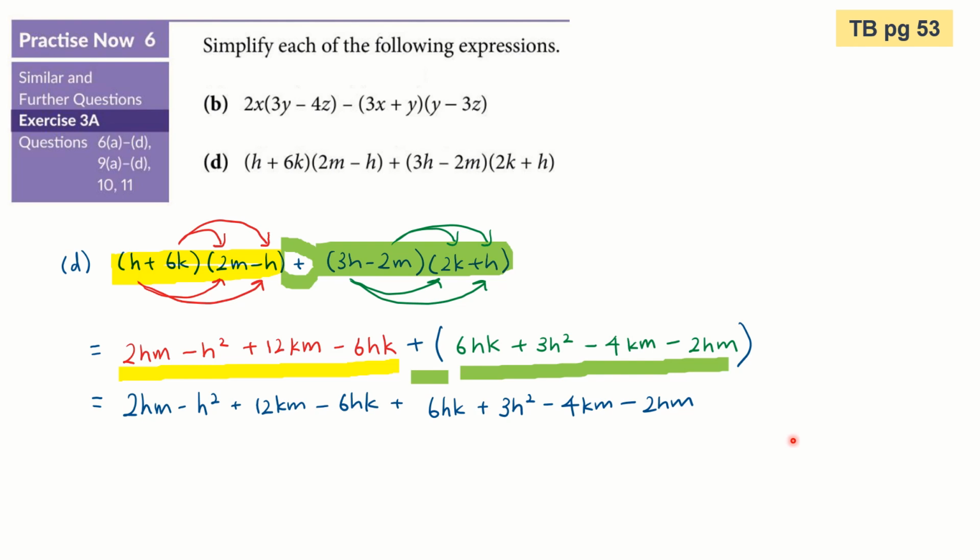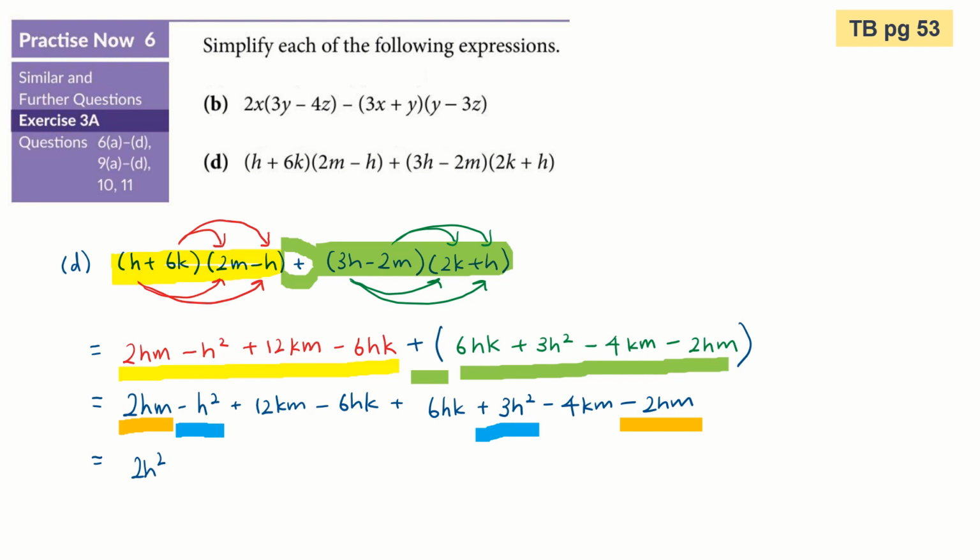Then we go about simplifying our answer, and we notice that there are actually like terms. Let me grab a color. We see that we have 2hm over here, and we actually have a minus 2hm. So there is no more, in fact it is 0 hm's left. Then we also have a minus h squared and a plus 3h squared. So that simplifies to a positive 2h squared.